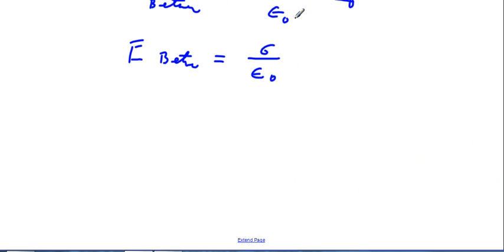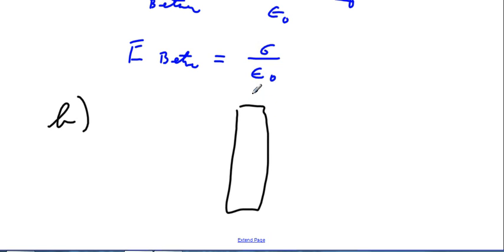Now I'm going to do it again, and the field outside the plates on either side is 0. Okay, so now the B part of the answer. Here's one of my plates.